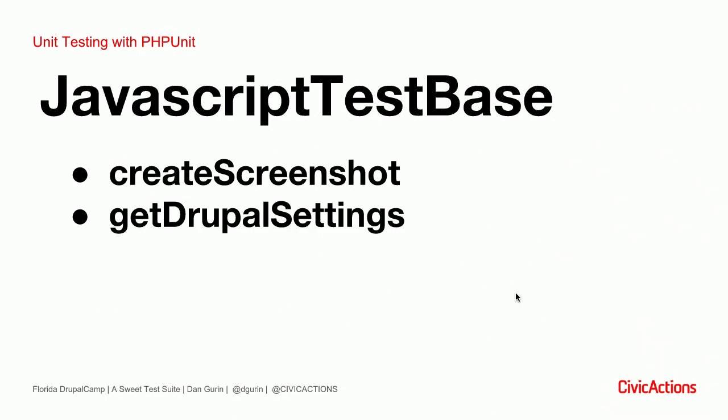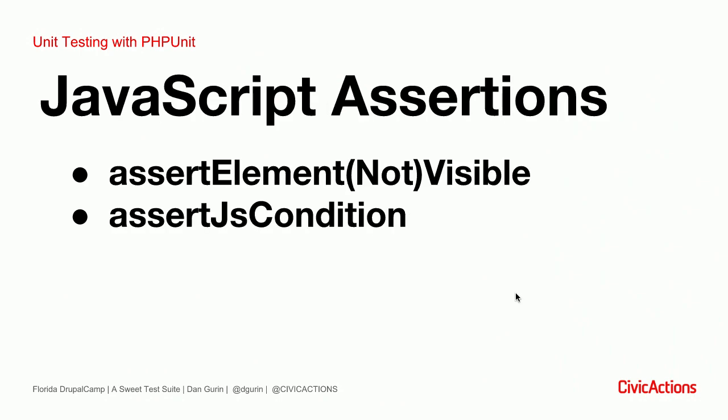You can also create the screenshot and get the Drupal settings and do some extra assertions here. These are pretty common to assert if an element is visible or if a JavaScript condition exists. It only runs for 10 seconds, so if the condition takes more than 10 seconds to become true, you could, I guess, get a false negative.